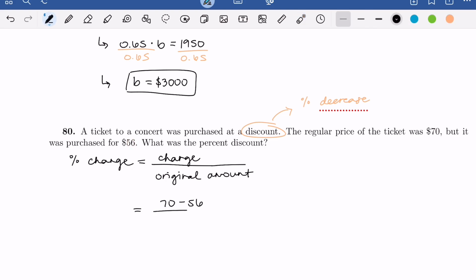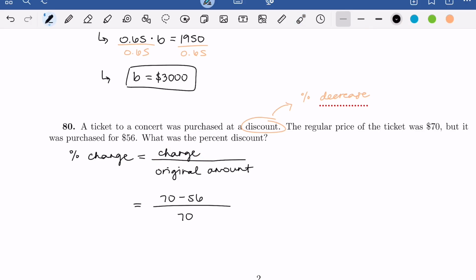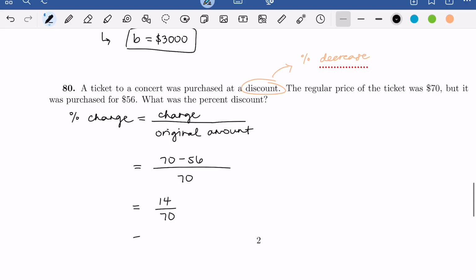We find the difference between these, which gives us the change, and then our original amount was 70. So this gives us 14 divided by 70, which if we plug into a calculator, gives us 0.2, which tells us this discount is 20%.